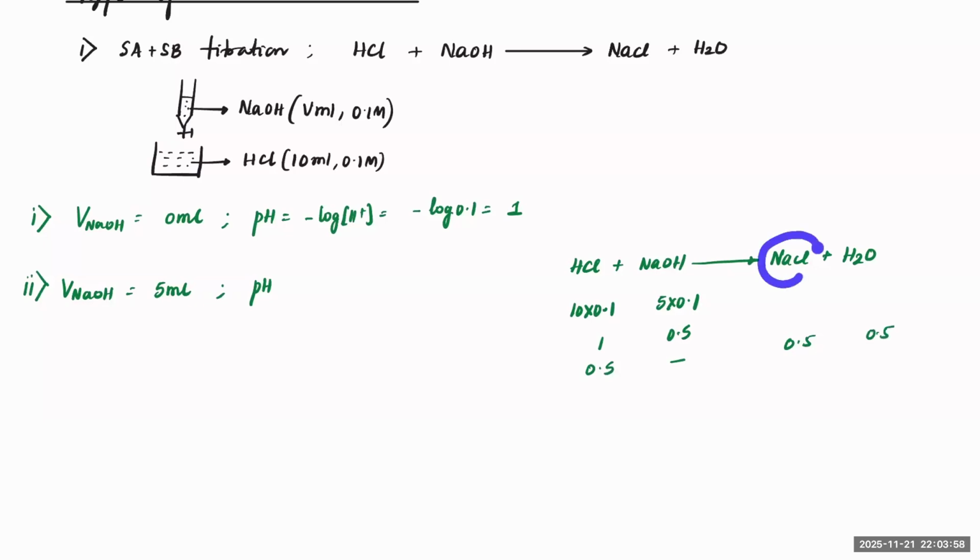And you know that the salt which is coming from strong acid and strong base, it does not undergo hydrolysis. So here there is no hydrolysis happening. And you know that only HCl will contribute to the pH, and HCl is 0.5 millimoles.